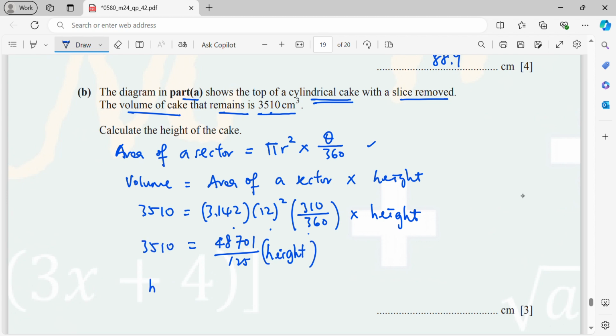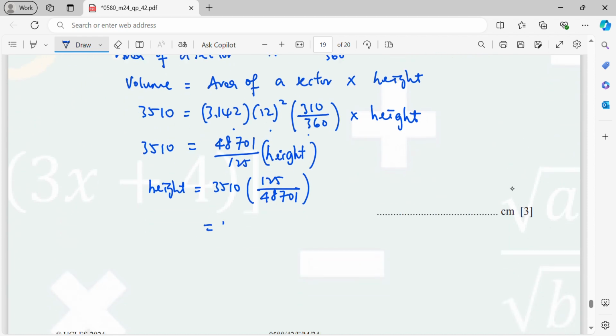So now my height of the cake, it will be 3510 times 125, because you move the fraction to the other side, so you have to swap the numerator and denominator, over 48701. So this is going to be 9.009055. And now I round up to 3 significant figures. So 1, 2, 3, look at this fourth value, round up, that is 9.01. So that is the height of the cake.